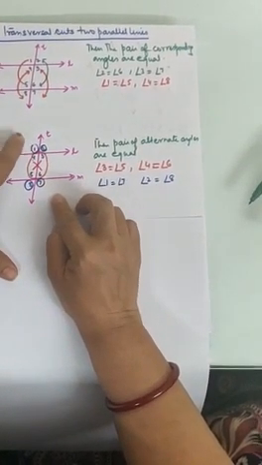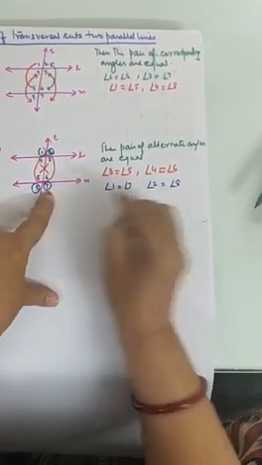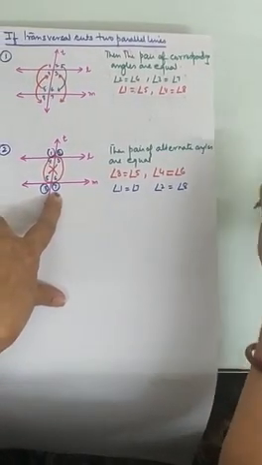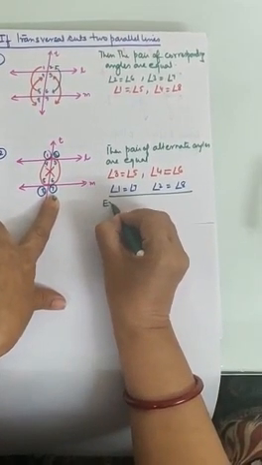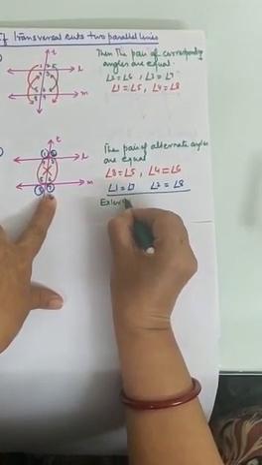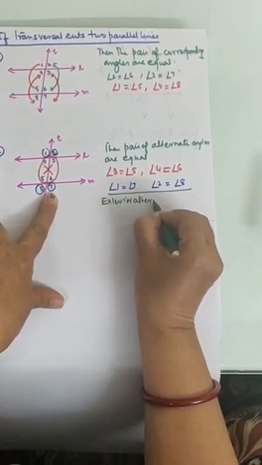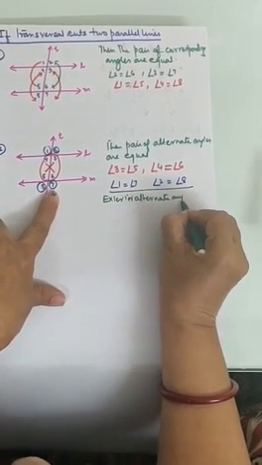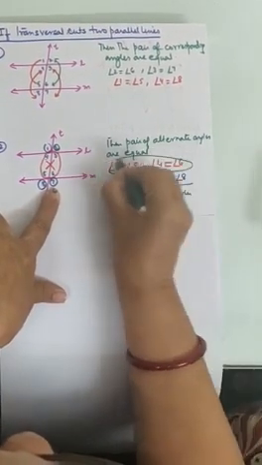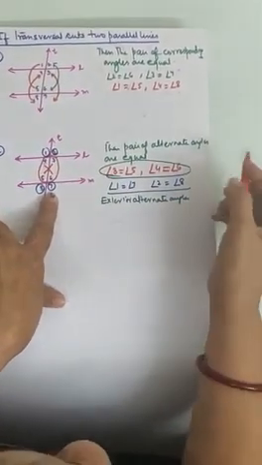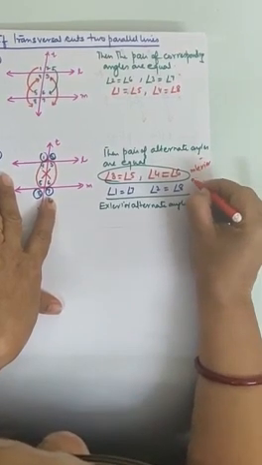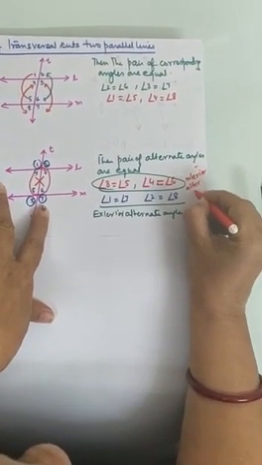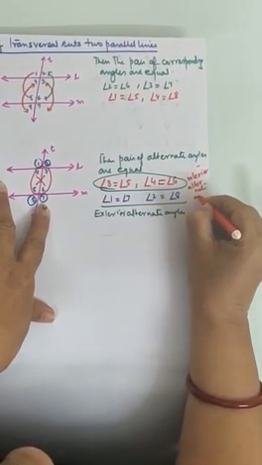Both are exterior angles, they do not form a linear pair. So these are called exterior alternate angles, and these are called interior alternate angles.